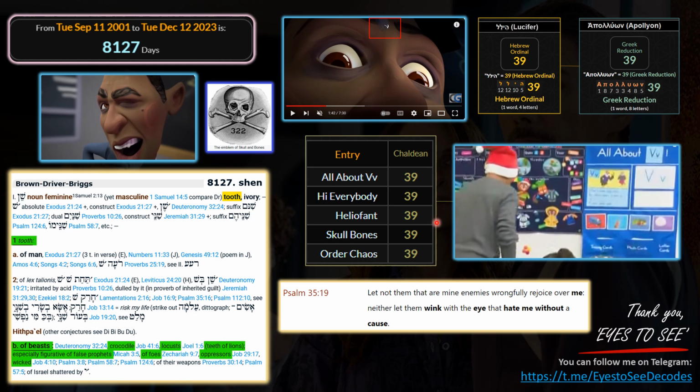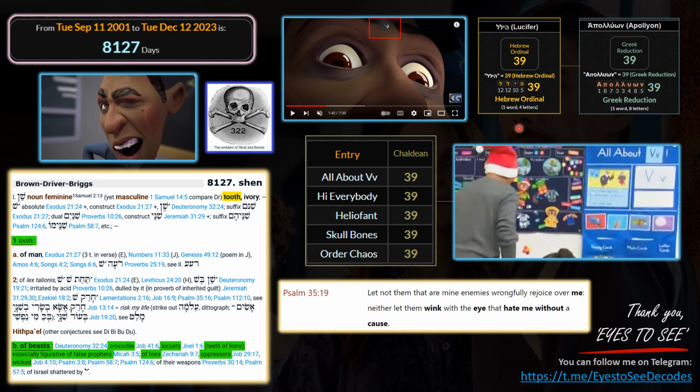Heliofont, the makers of I Pet Goat, sum to 39. Skull and Bones, the order that Mr. George Bush belonged to, as well as his father, from Yale University, the 322 Secret Society, sums to 39. Order and Chaos sum to 39. Ordo ab Chao, which means order out of chaos, the motto of Freemasonry, sums to 39.